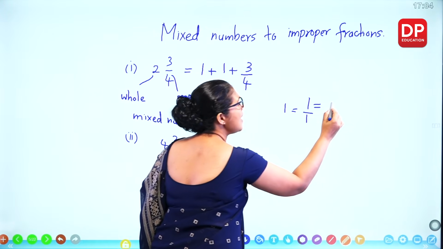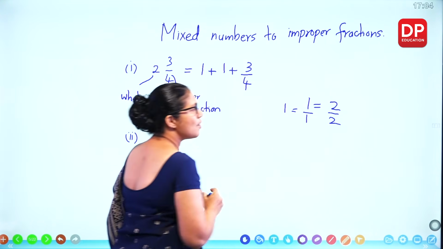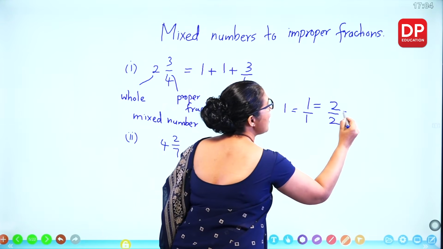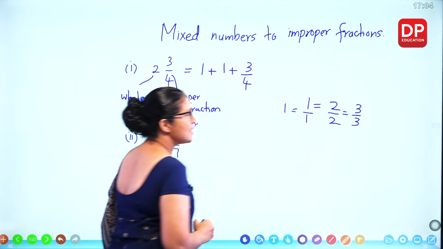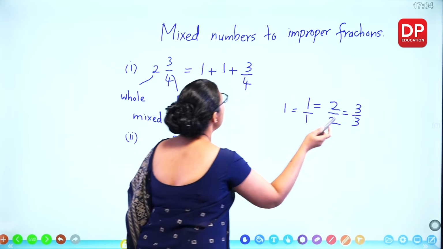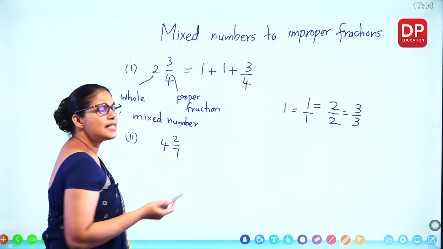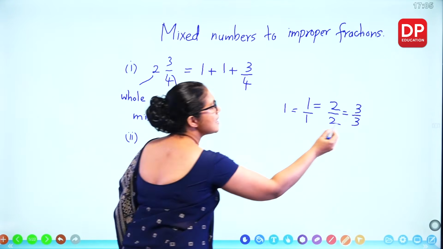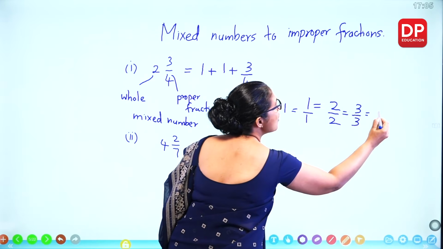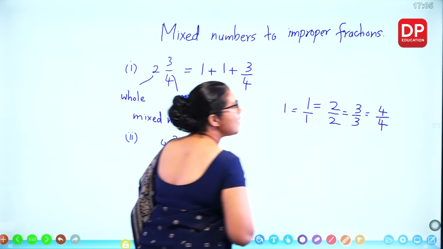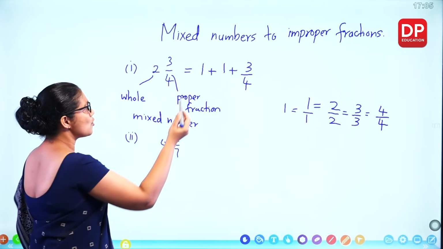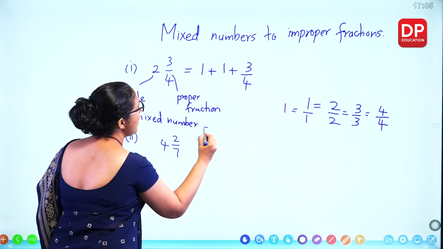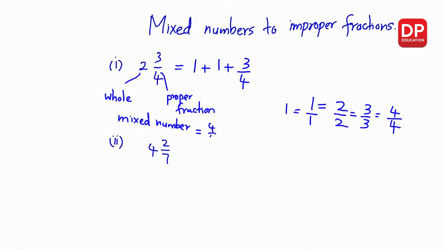I can write the same thing as 2 over 2 by multiplying by 2, or 3 over 3. So here, can you see, the denominator is 4. If you want to add the fractions, I can write this in terms of 4. So 1 I can write as 4 over 4. So what we can do, I can write 4 over 4 plus 4 over 4 plus 3 over 4.